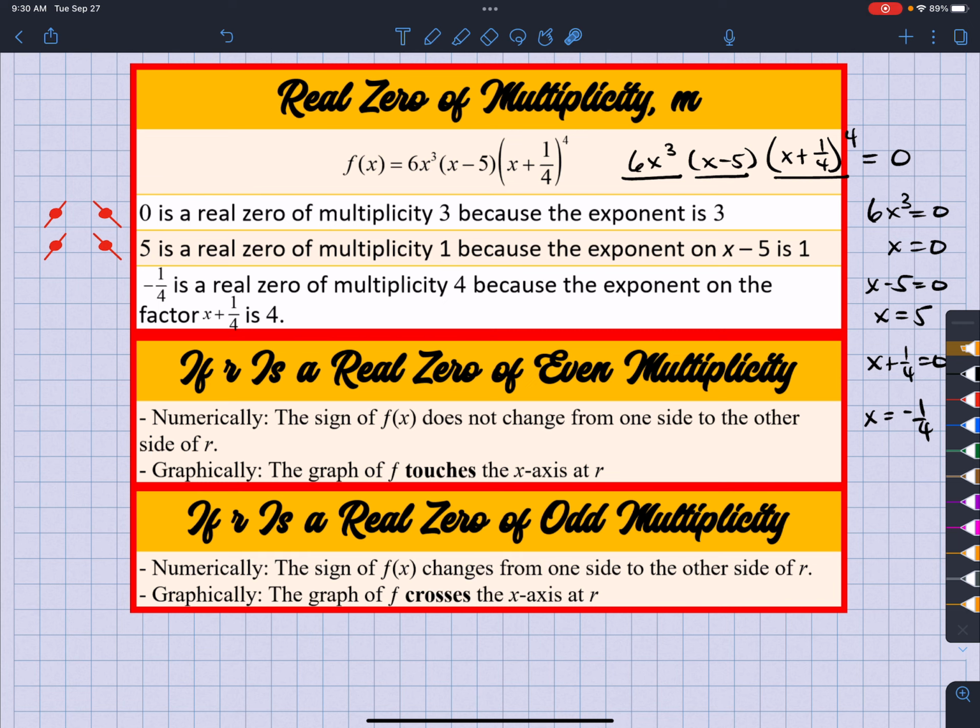That means this is actually going to bounce off of the x-intercept, except I don't know which way it's going to bounce off. I don't know if it's going to bounce off that way or this way.